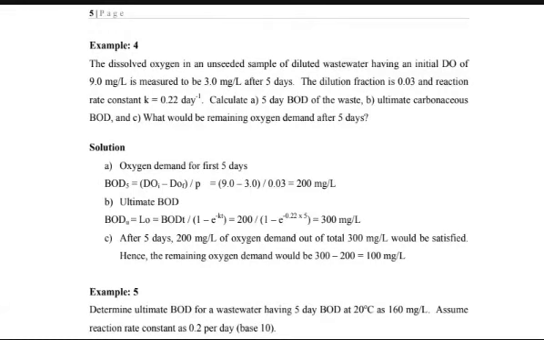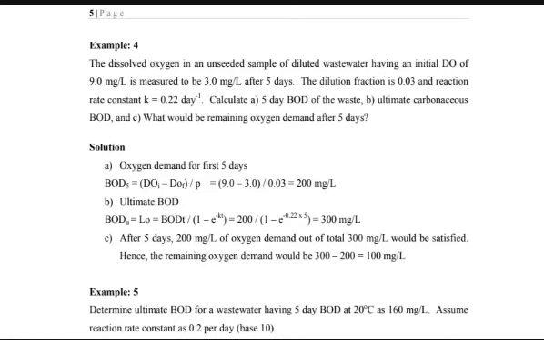So dissolved oxygen 9 minus 3, upon the dilution factor, so the BOD value is 200 milligram per liter. So the first part is over. It is very easy to use this formula and calculate this.